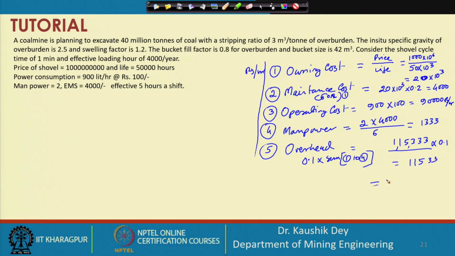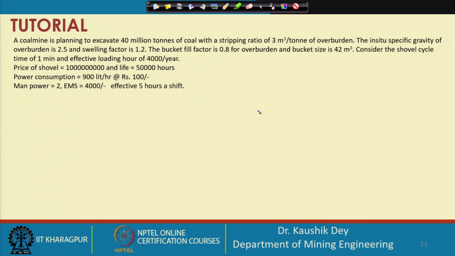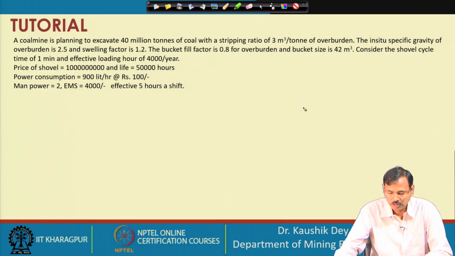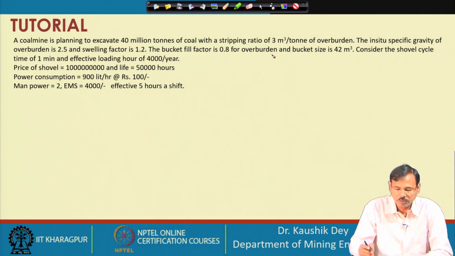So, altogether it is coming... I think we may have some calculation mistakes here also. Okay. So, this is 11,000 something it is coming, that is rupees per hour.